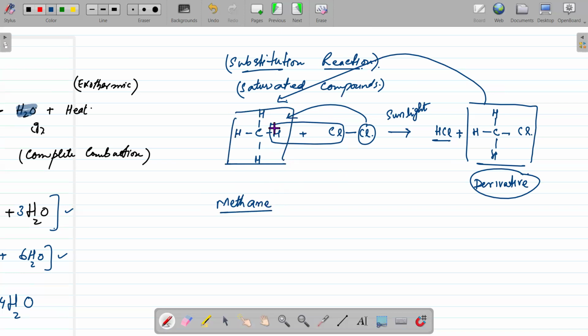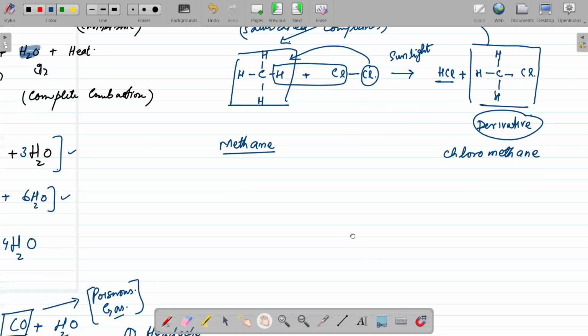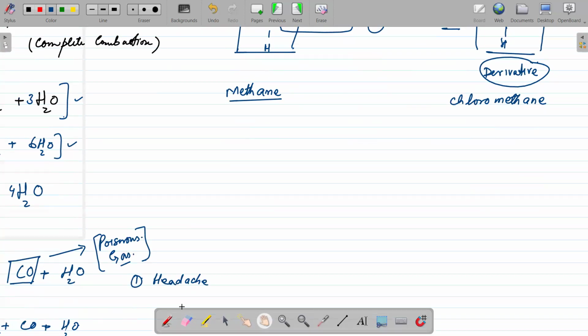If it is methane, what is the difference in this case? One of the hydrogens is replaced by a chlorine atom, so it will be chloromethane. Chloromethane. Is it clear?